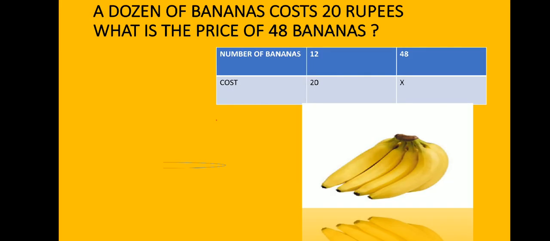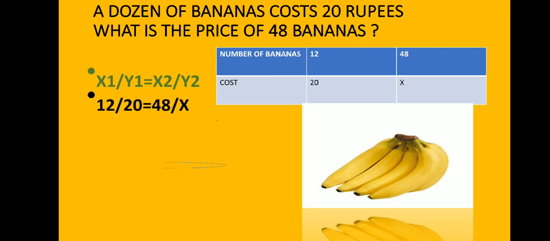A dozen bananas cost 20 rupees. What is the price of 48 bananas? First of all, you split the number of bananas as X1, X2 and the cost as Y1, Y2. 12 bananas cost 20 rupees. So X1 by Y1 equals X2 by Y2.